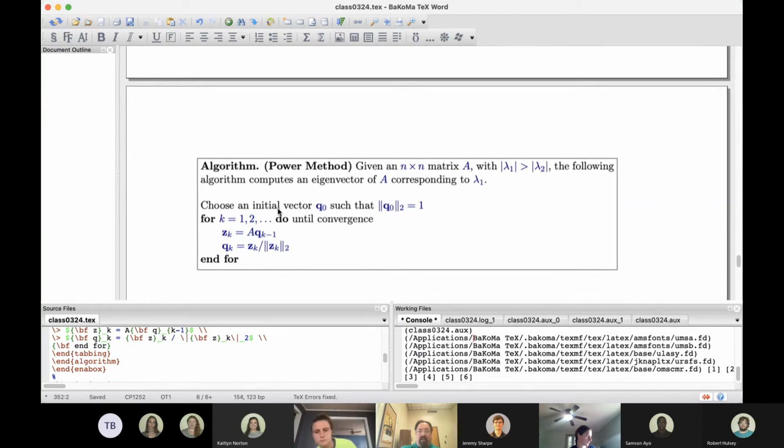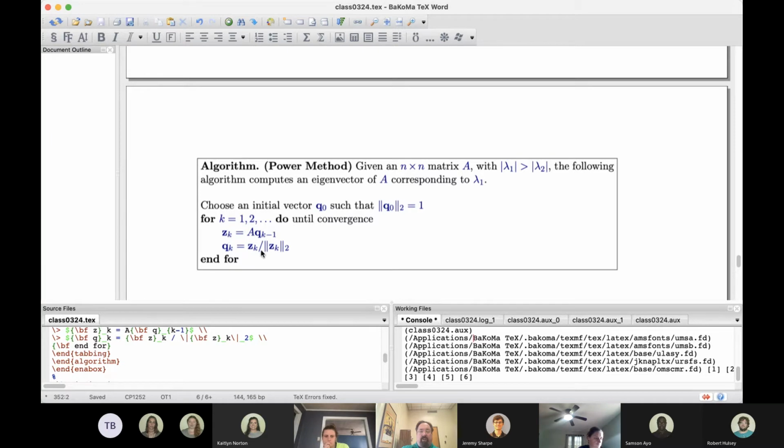It's just a few lines. We choose the initial guess, and we assume it's a unit vector. Then I multiply by A, and then I normalize it, because if the largest eigenvalue of A is greater than 1 in magnitude, the size of the vector will go to infinity, whereas if it is less than 1 in magnitude, the vector will go to 0.